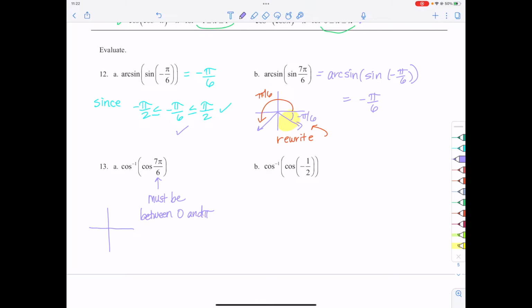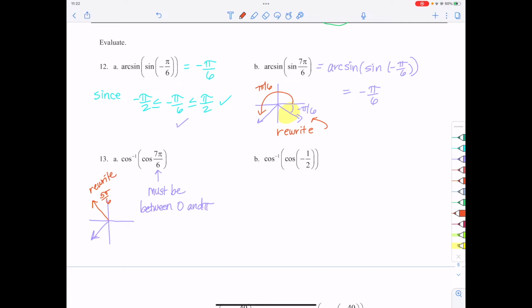So where do we have 7pi/6? There's 6pi/6, so this would be 7pi/6. And we're going to have to rewrite that. And we need between 0 and pi, so it would be right here. Okay, and that would be 5pi/6.